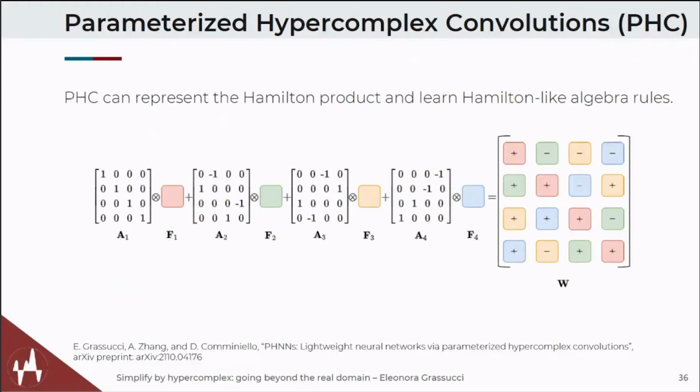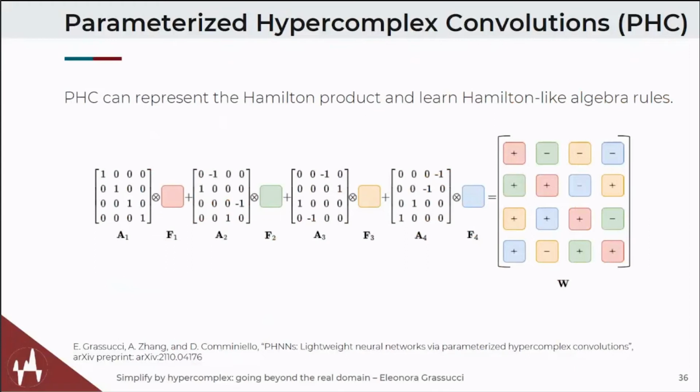So how does this work? Basically, if we set n equal to 4, we can simulate the Quaternion domain. How? In this way. We have four A matrices, A1, A2, A3, and A4, that encode the algebra rules. They tell where the filters F1, F2, F3, F4 have to go in the final weight matrix.